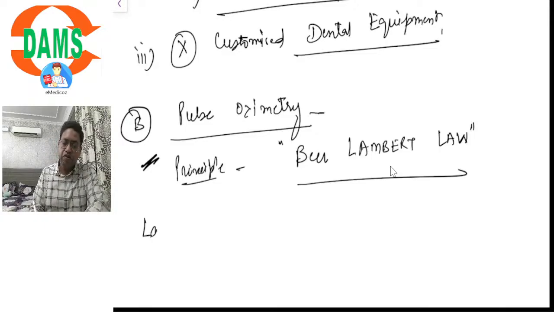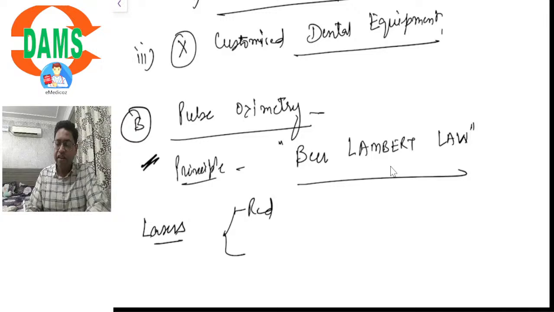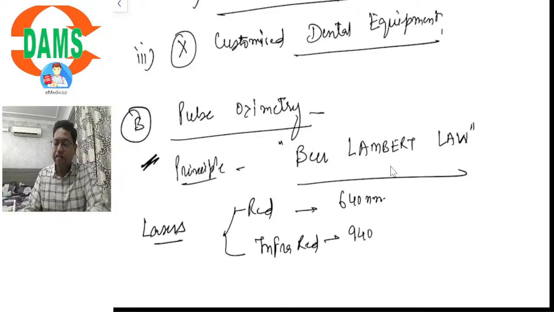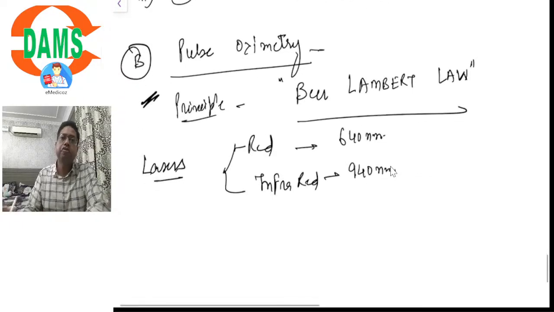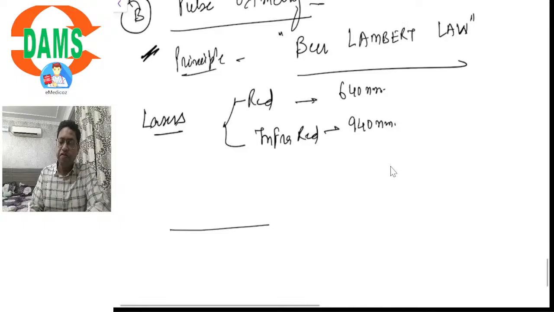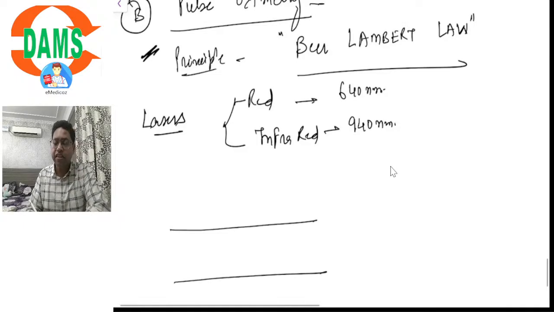Now, this also uses lasers. Two laser lights are used for pulse oximetry, red and infrared. The red light has a wavelength of 640 nanometers and the infrared light has a wavelength of 940 nanometers. This is a vascular bed that is being tested.